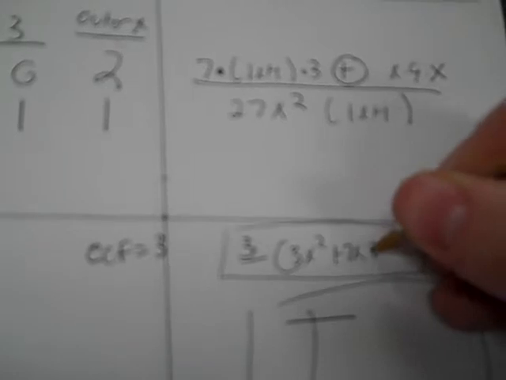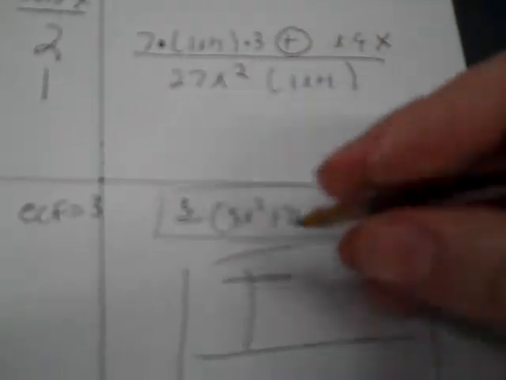Okay, now factor that. GCF. And then the T. Okay. GCF is 3. So 3x squared plus 7x plus 7. That's 21.